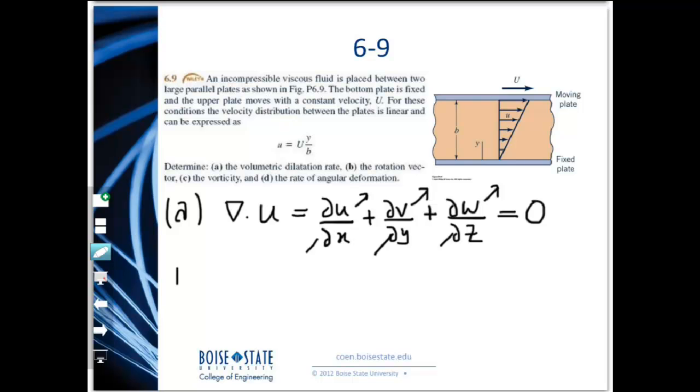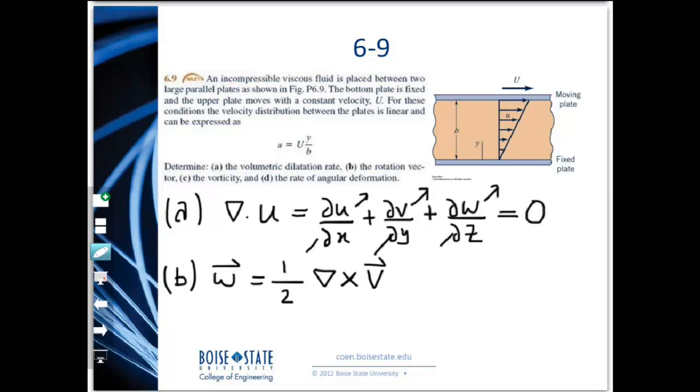In part B, you're asked to find the rotation vector. So the rotation vector, you can write the general form, which is half del cross V. The first two terms in this expression, like we have done before, will be 0 because there is no dependence on y and z, or I should say there is no w and v component, and u is not dependent on z, and w is non-existent.